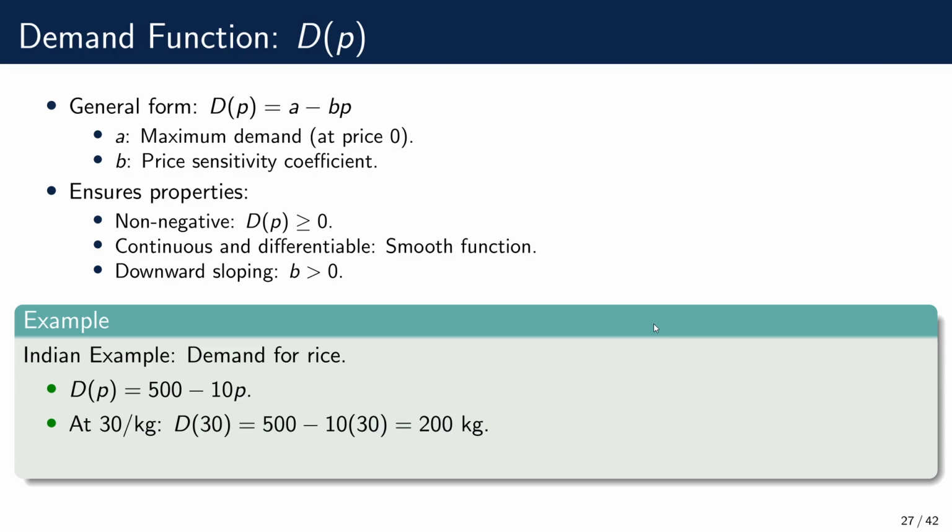That means at 30 rupees per kg, there will be a demand of 200 kgs of rice. Now, if we increase the price to 50 rupees per kg, then the demand will be 0. No one is going to buy at 50 rupees per kg.